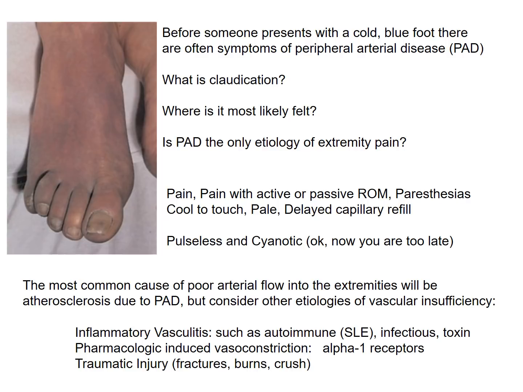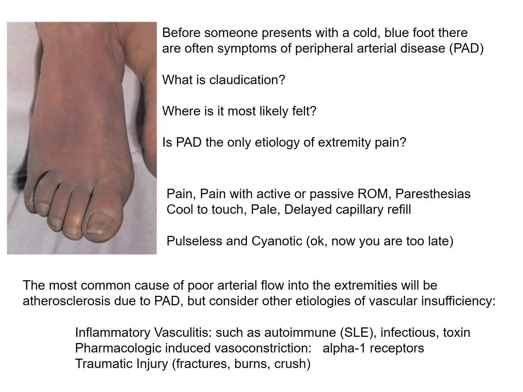So what is claudication and where is it most likely felt? You can answer that, right? Pain in the calf muscles or pain in the leg muscles with exertion. Again, kind of think of claudication like angina. If your heart suddenly needs increased oxygen and that metabolic demand can't be met due to atherosclerotic disease in the coronary arteries, the individual experiences angina.